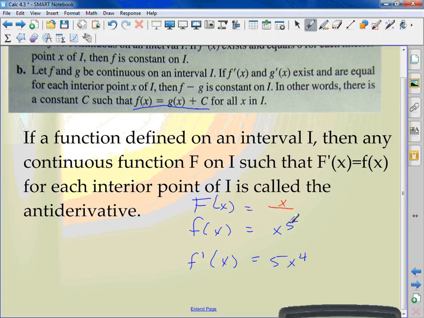Now, before I do that, what did I do with the exponent? Minus 1, so I have to add 1. So instead of 5, I'm going to have 6, divided by 6. Okay, take the derivative of x to the 6 over 6.